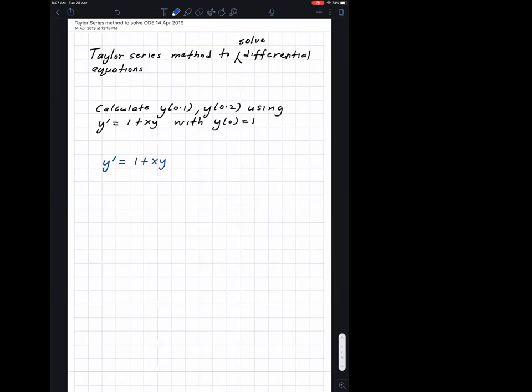One way to solve this is to write it as y prime minus xy equals 1, using the integration factor method.